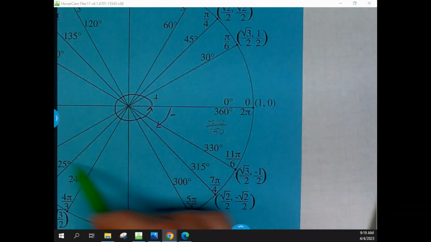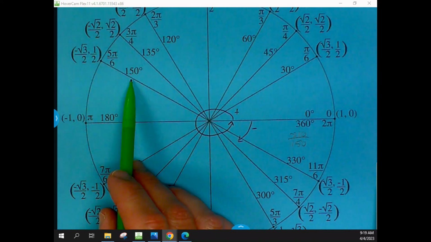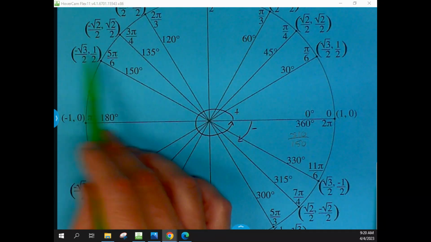So if it's negative 7 pi over 6, which is negative 210, if we go down 210 degrees, that would also put us back over here at 150 degrees. So now we're going to use this for our x and our y there. So that's negative square root of 3 over 2 and 1/2.